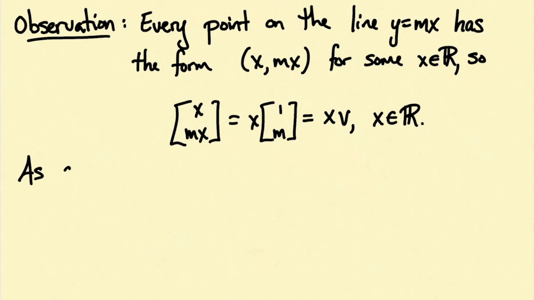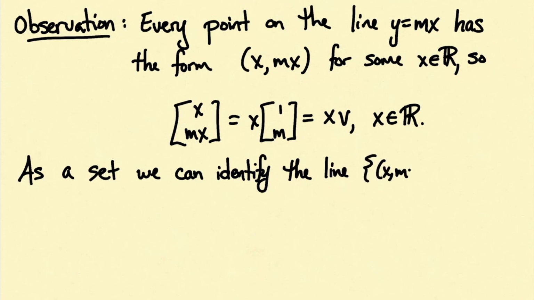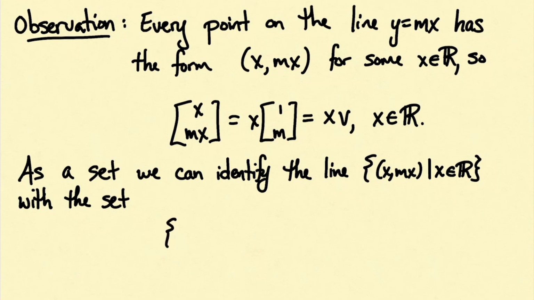So as a set, the line through the origin with slope m is just the set of all pairs (x, mx). So we can identify that set with the set of scalar multiples of v, which we write as x times v, such that x is a real number.